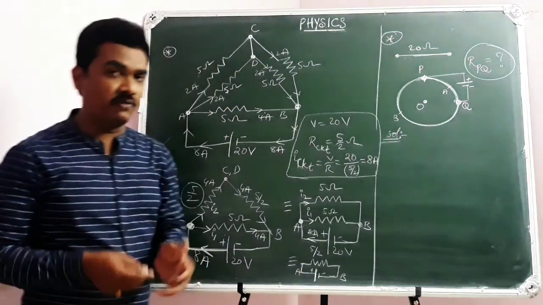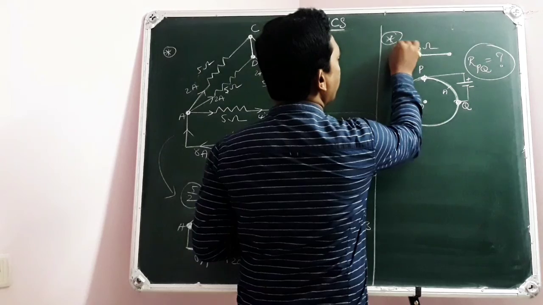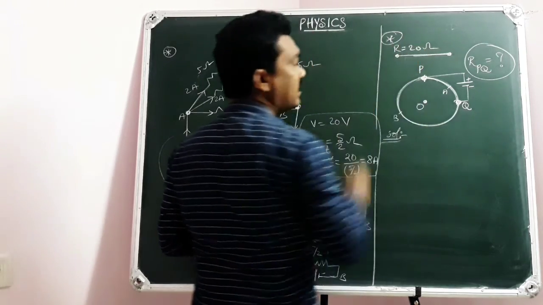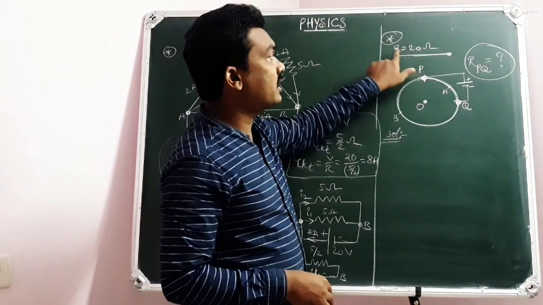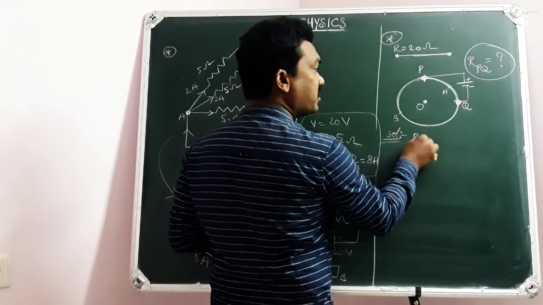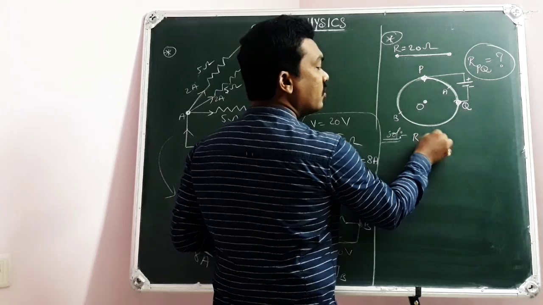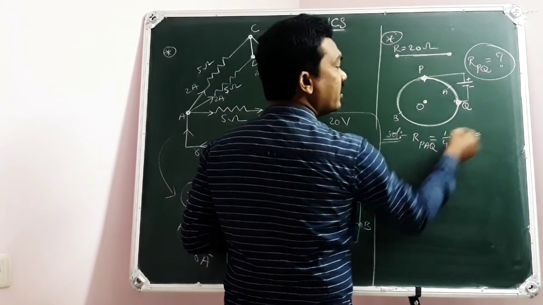the same potential difference. Of course, when the resistance of the given conducting wire is R equal to 20 ohm, I repeat, the resistance of the given conducting wire is R equal to 20 ohm, then the resistance of the portion PAQ will be 1/4 of that 20 ohm.